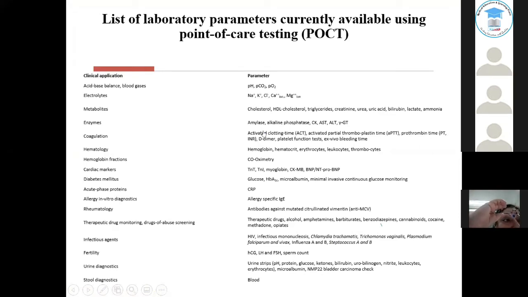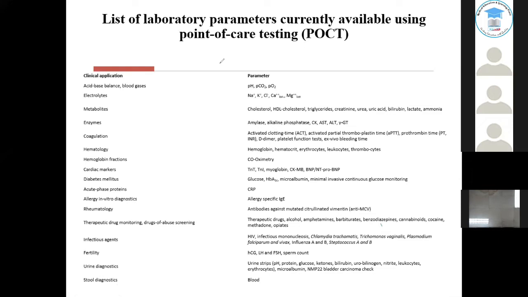As we see in biochemistry, it's the acid-base balance and blood gases like pH, PCO2 and PO2 with the help of ABG analyzers, sodium, potassium, chloride, ionized calcium, ionized magnesium, a lot of metabolites. Then in hematology, we see coagulation parameters like PT, APTT, then INR, very routinely being used as a part of point of care.